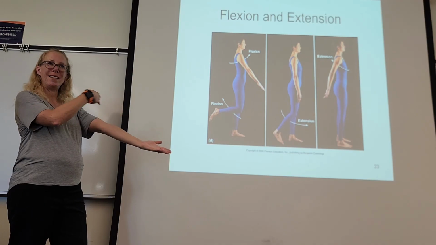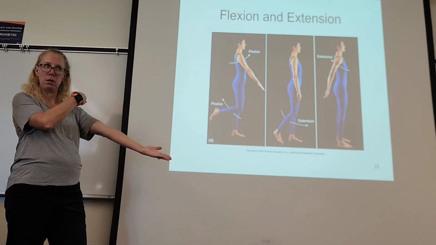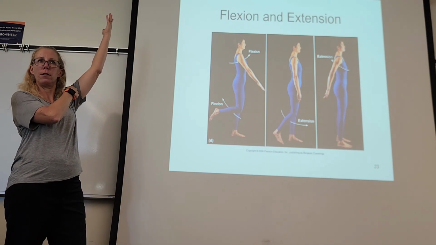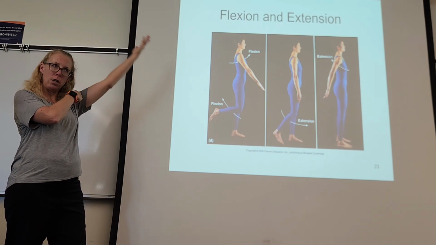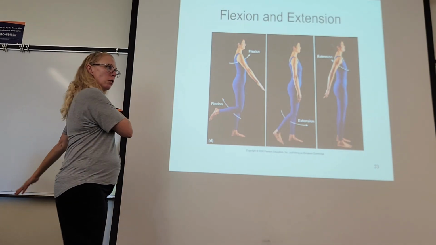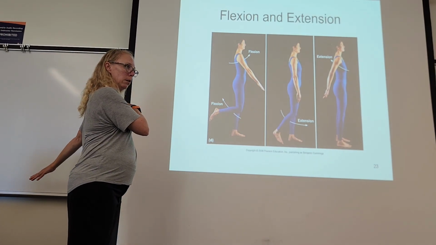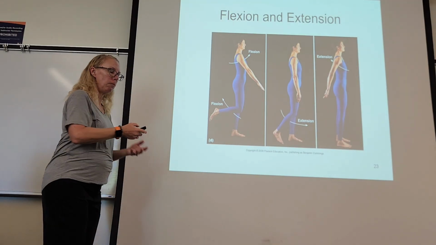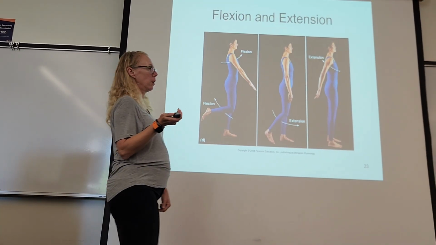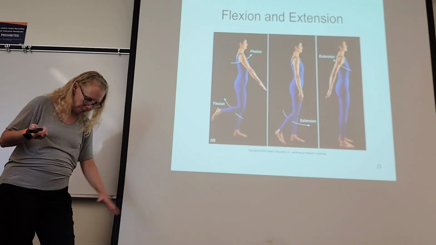Forearm is different than arm. Flexion of the arm is arm straight up in the air. That's flexion of the arm. Extension is back down to resting position. Hyperextension is going even further back. Same thing applies in the leg, and we're going to repeat this in lab because there's an exercise for this. You have your thigh.